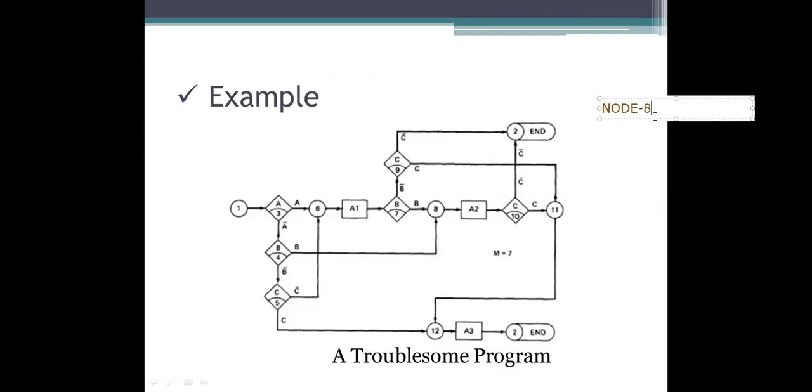Node 8 has two paths. The first path here is using this way, and the other one is using this way.